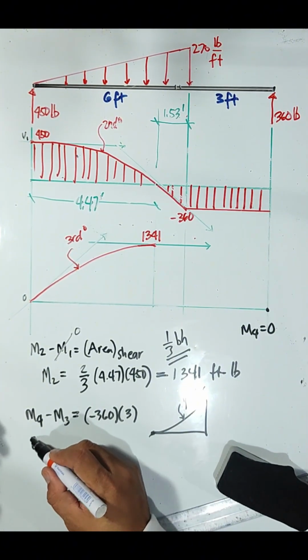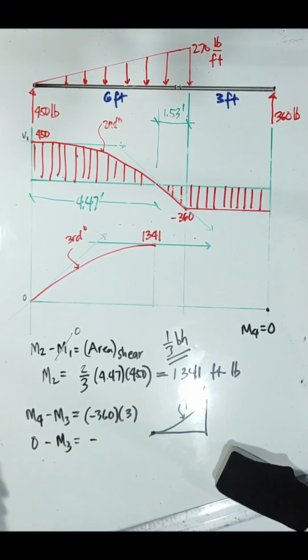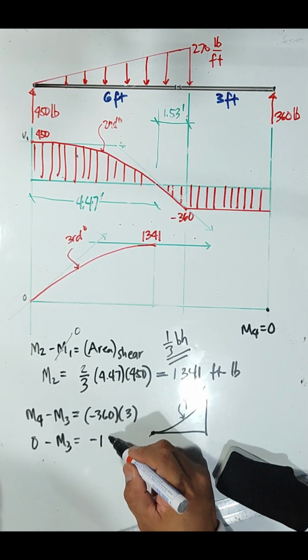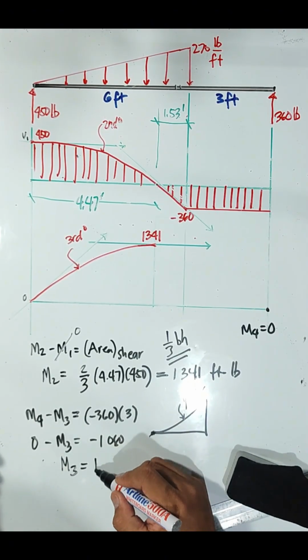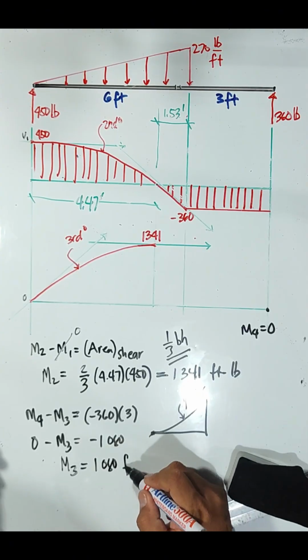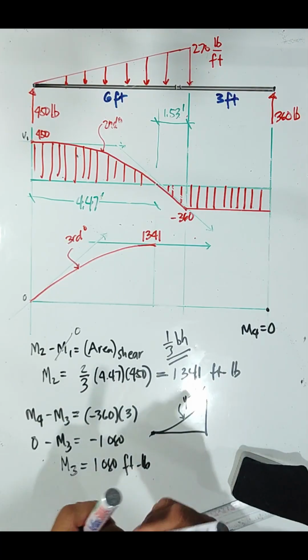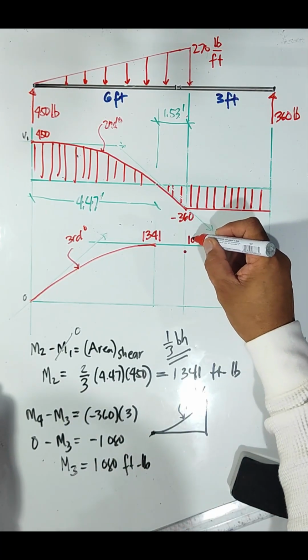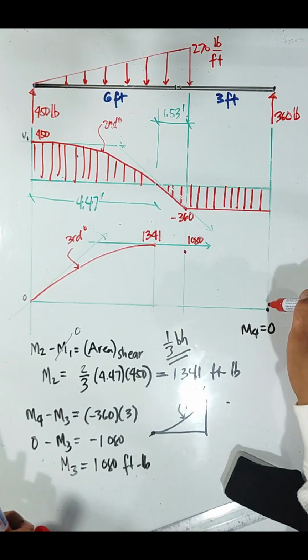Again, this is 0 minus M3 is negative 1080. We divide by negative 1, M3 is positive 1080 foot-pounds. So that should be here. We have 1080 and 0 here. How are we going to connect these 2 points?